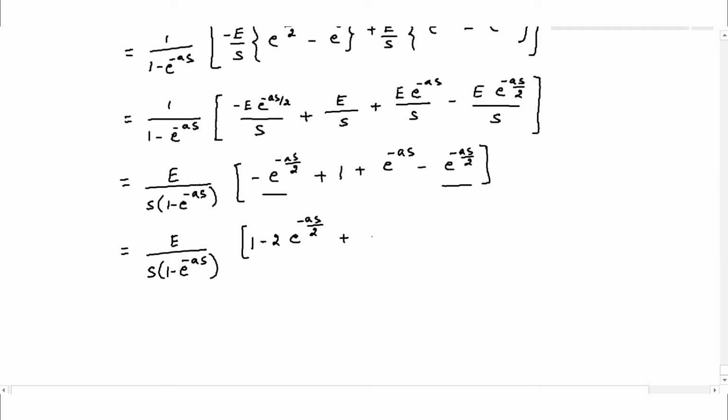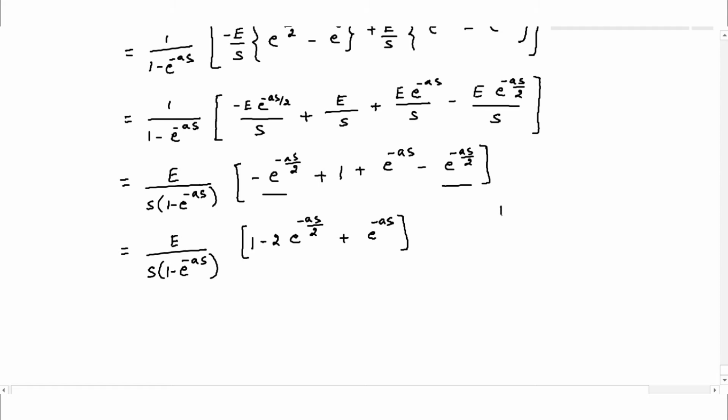One more term, that is e power of minus as, will be as it is. If you try to observe this expression, this is in the form of a minus b whole square form. So how can we say that it is in the form of a minus b whole square?